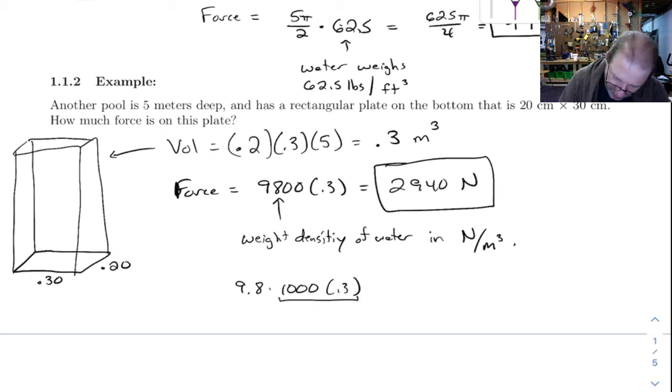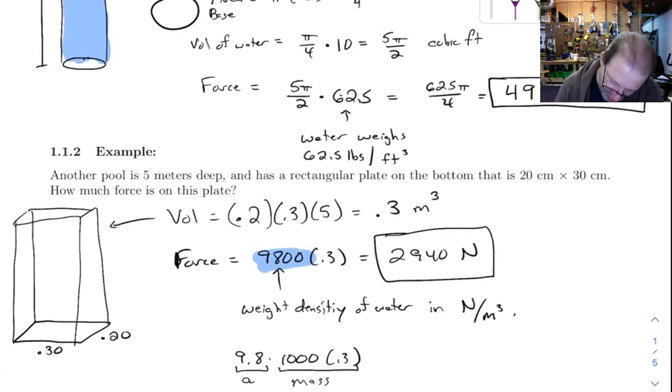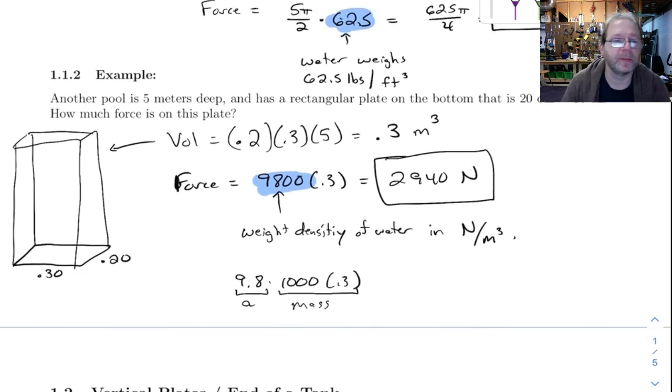This part gives you the mass, and this part is the acceleration due to gravity. So you can take this and write it like Newton's law, F equals ma. But as far as I'm concerned, just memorize that 9,800 is the weight density of water in newtons per cubic meter, and 62.5 is the weight density of water in pounds per cubic foot.